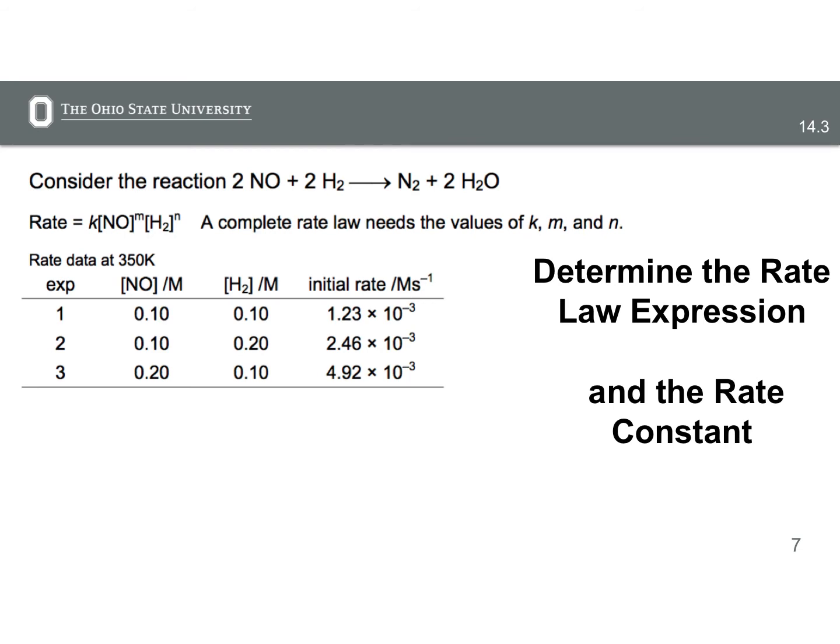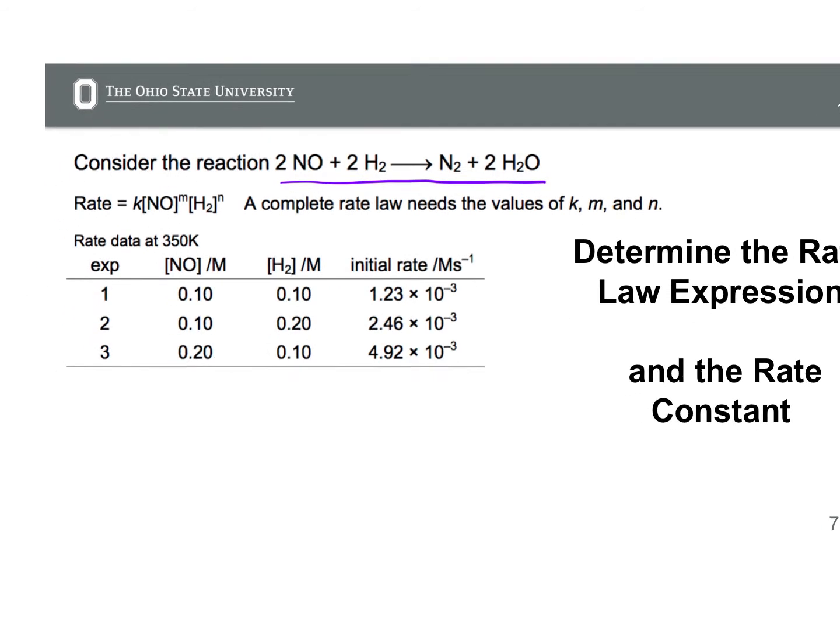So let's write this out. This is a different problem. Here we have a reaction of NO plus H2 forming N2 and H2O, and we do have some stoichiometry here, okay?